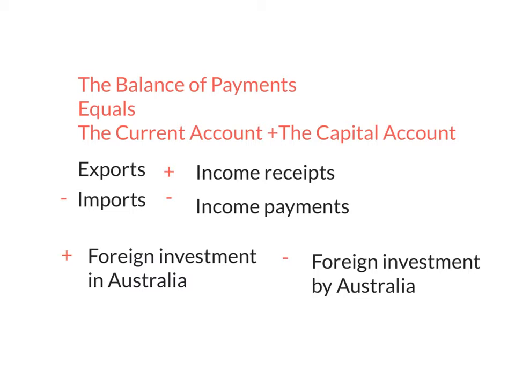In other words, the balance of payments is simply equal to all the reasons why we would have people buy Australian dollars, take away all the reasons why they would sell them.